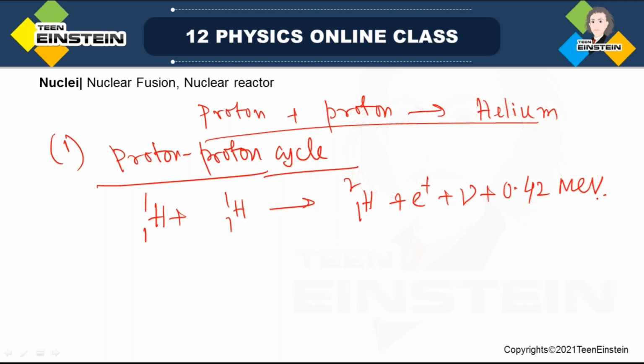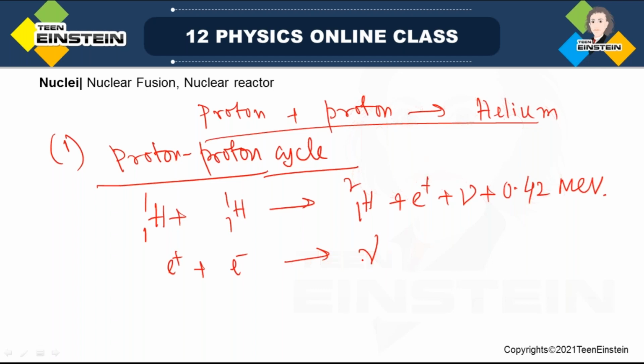So the first reaction is protons combining to make deuterium, and since you have a positron, there will be electrons also. This gets converted into gamma. That means there will be a release of energy.